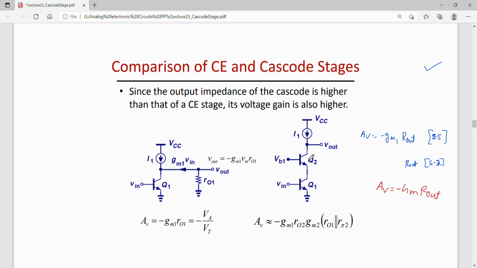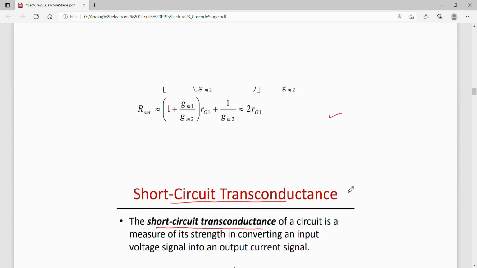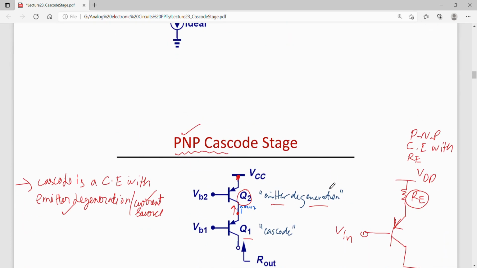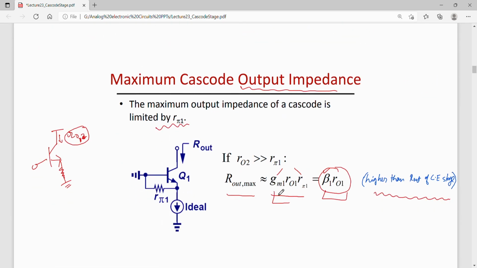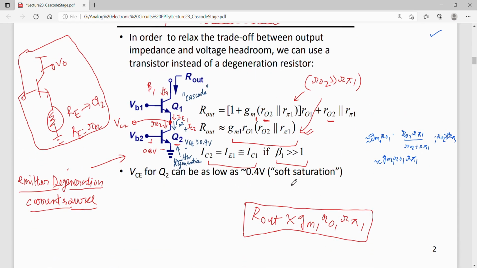And R out for this cascode we have already calculated. So I'll take you back. R out of cascode we had calculated here. So that R out is GM1 RO1, RO2 parallel to R pi 1.